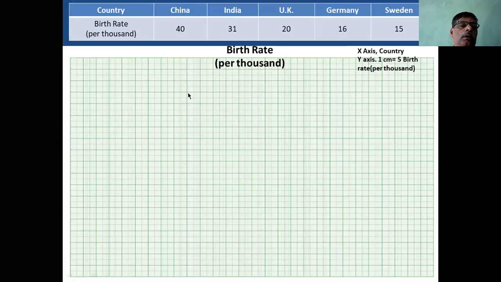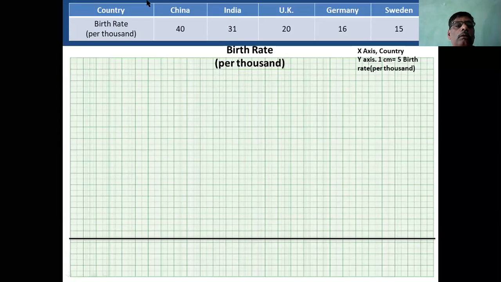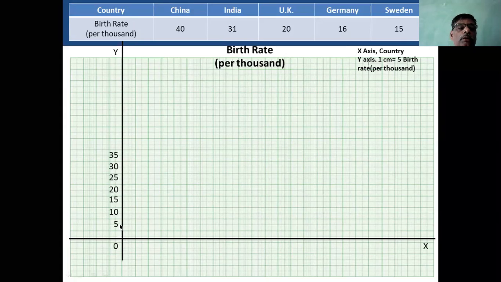This is the x-axis, this is the y-axis. Then 0, 5, 10, 15, 20, 25, 30, 35, 40, 45. Like this you write. Maximum required is 40 because the highest frequency is 40.